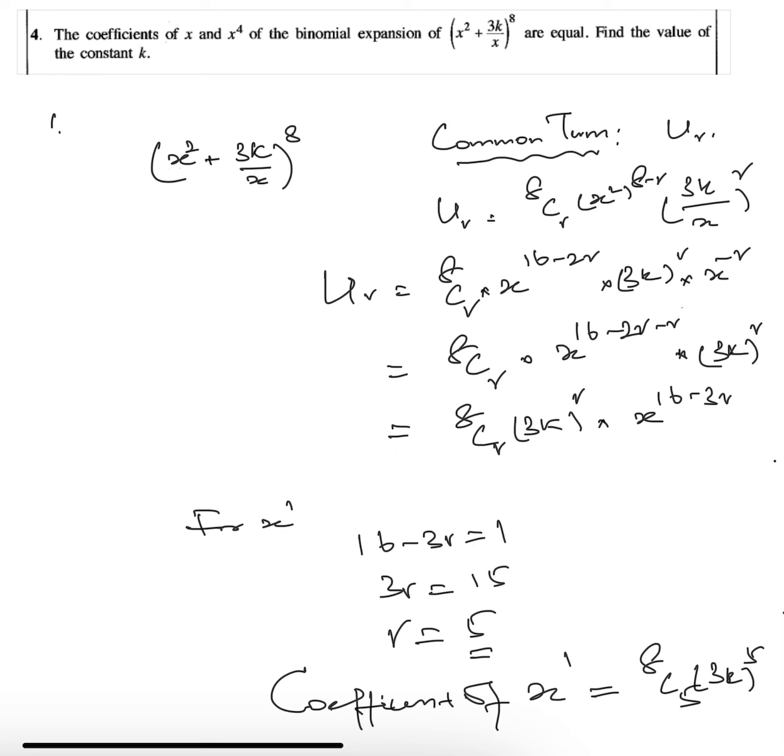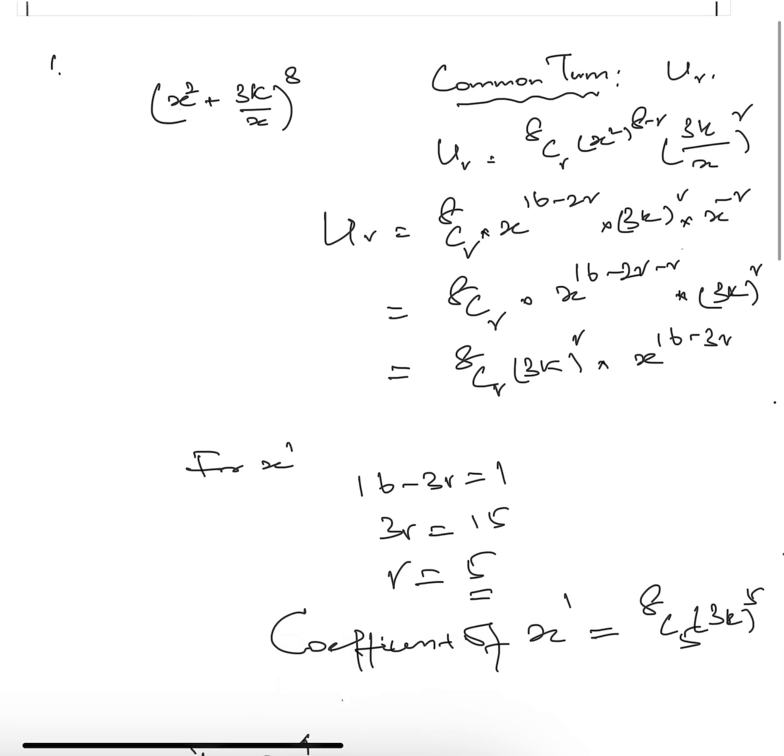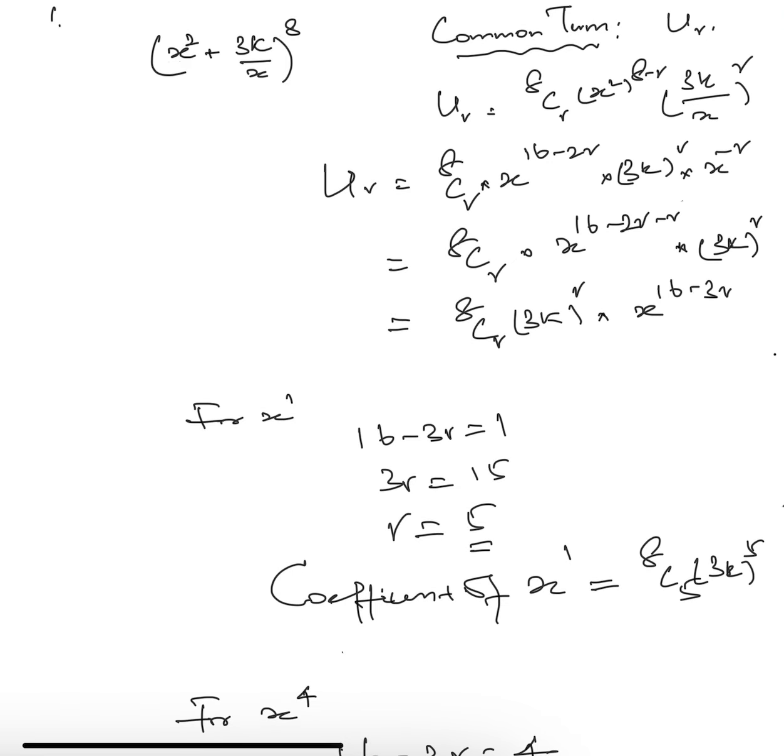What we've been given in the question is the coefficient of x to the power 1 and the coefficient of x to the power 4. Let's take the coefficient of x to the power 1 first. For that, 16 minus 3r should be 1. From that, you get 3r equals 15, r equals 5.